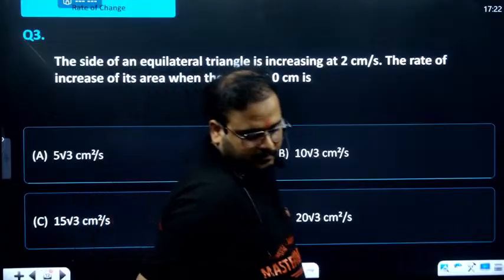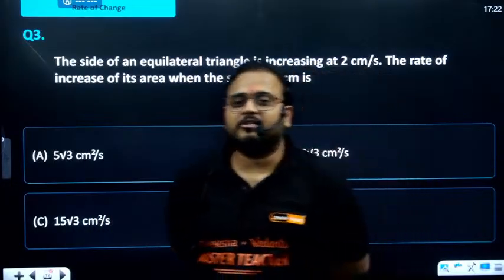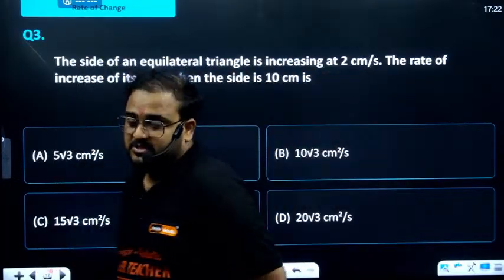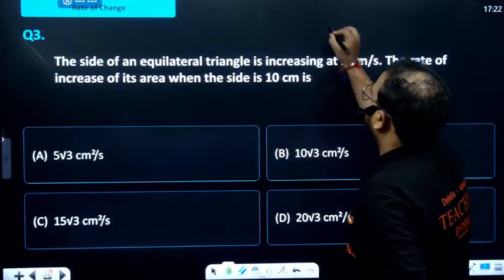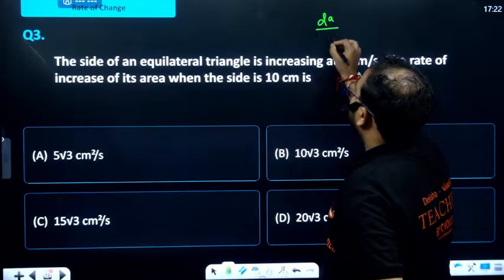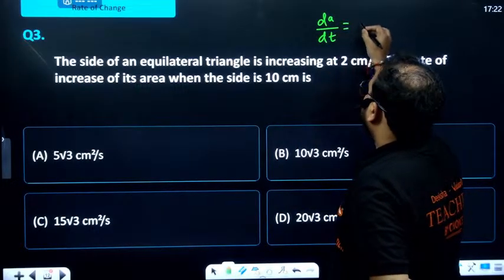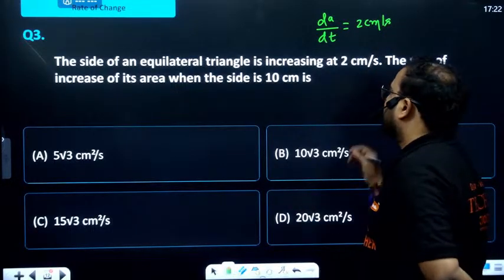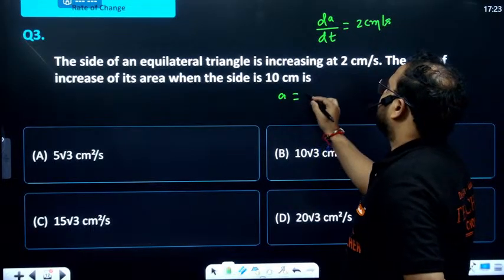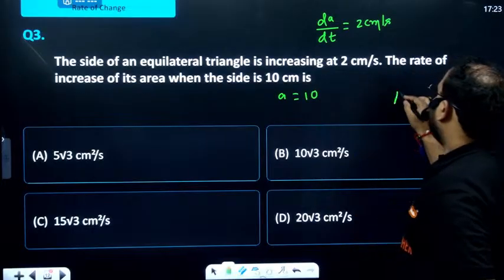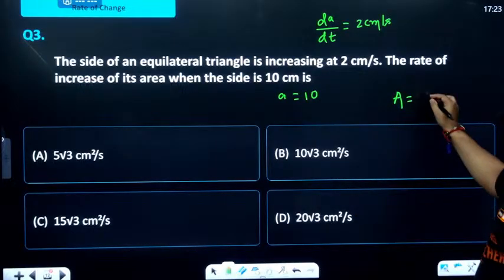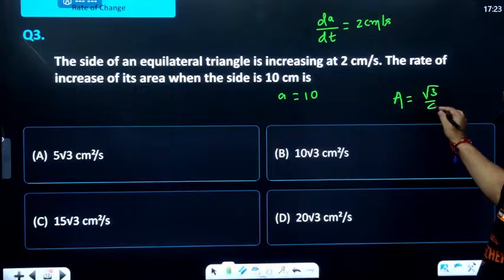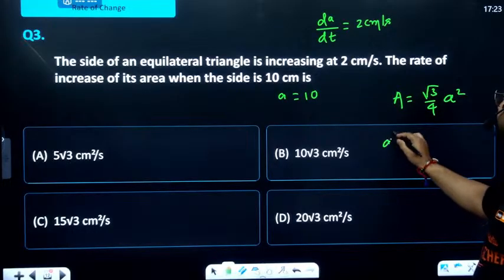Let's go. The side of an equilateral triangle is increasing. The rate of change of side A is given. They'll ask the rate of change of area when A value is 10. We know very well the area of an equilateral triangle is root 3 by 4 A square. So differentiate.